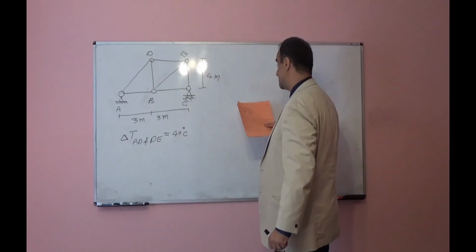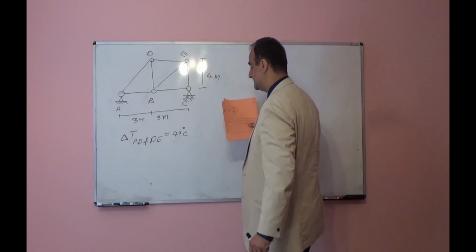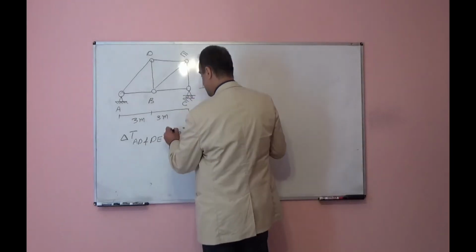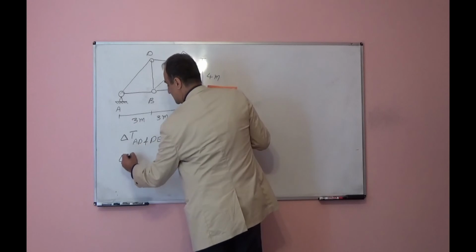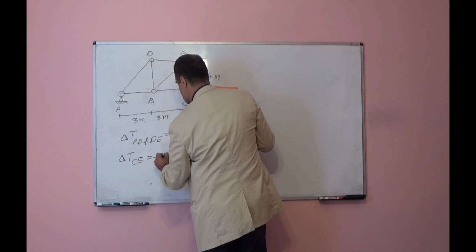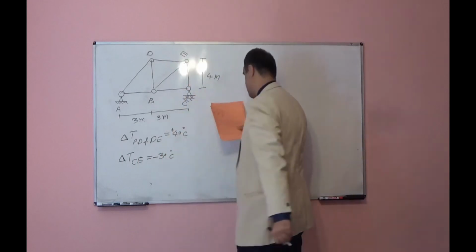Member CE decrease temperature 30 degrees, so this is negative. Member CE decrease temperature 30 degrees Celsius.